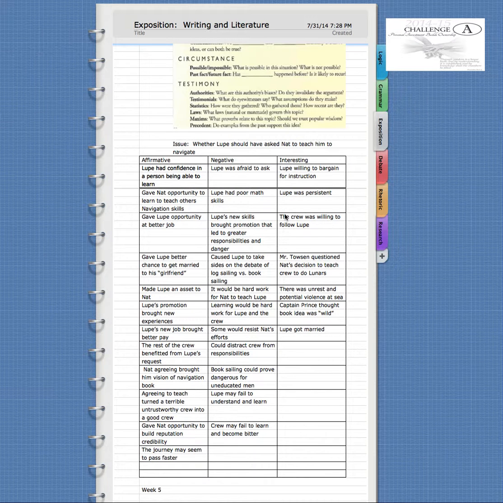They were to just ask the questions; they didn't have to answer them under the topics of definition, circumstance, and so forth. What I wanted them to do was to see if they developed more ideas for affirmatives or negatives as they were asking and mentally answering those questions.